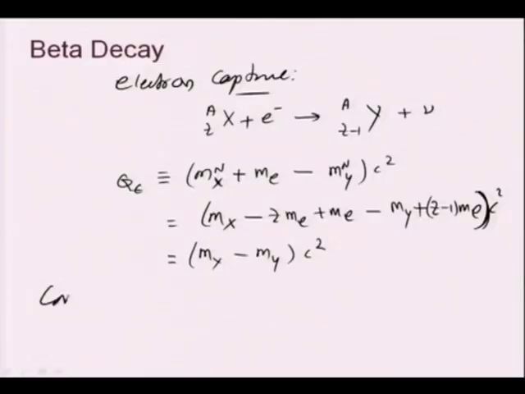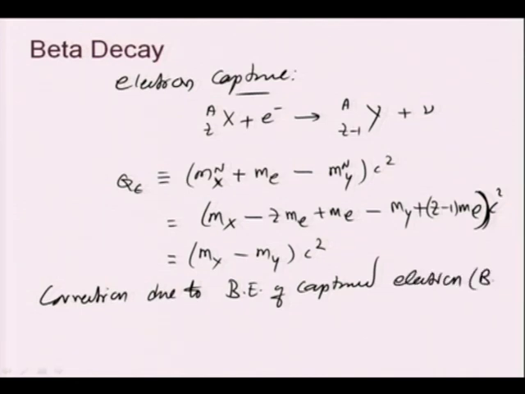So, the Q factor will have to be corrected, the correction due to the binding energy of the captured electron. Let me call it B. It is then Q epsilon is equal to (m_X minus m_Y) c square minus the binding energy.